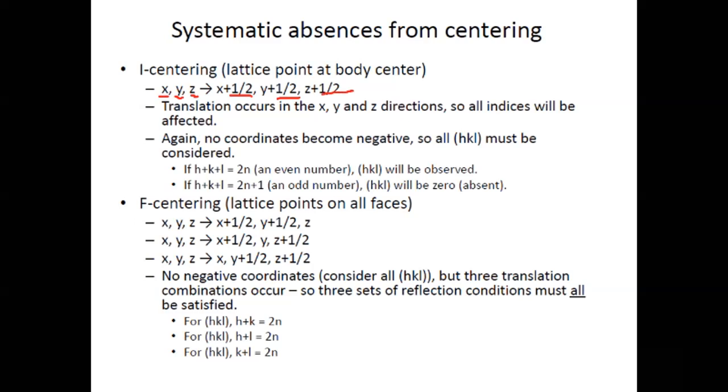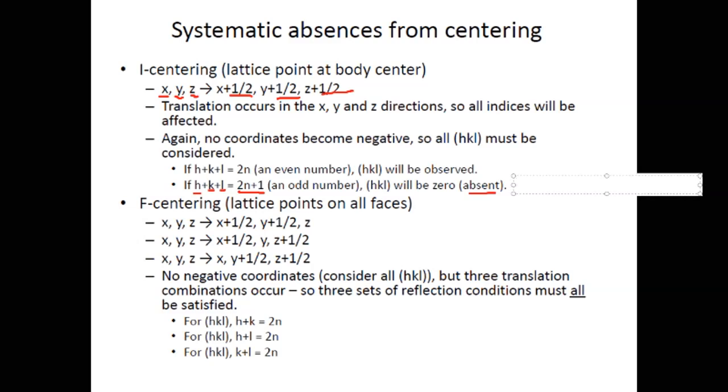And since we're translating along all three directions, it's the H plus K plus L has to be odd and are absent. That would indicate I centering. So to give you an example, it could be the 1, 1, 1 reflection plane.